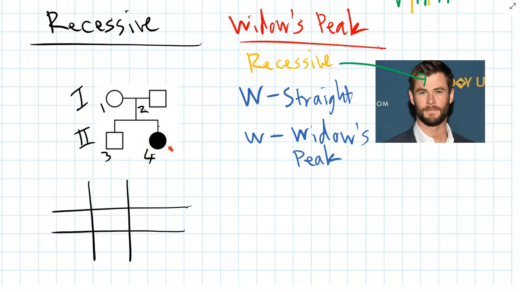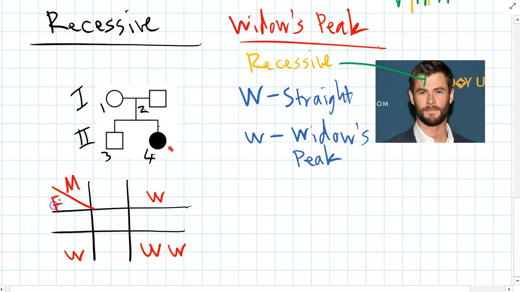If the daughter does have a widow's peak, that means she must be small w, which means both of the parents must have given her a small w. But they have a straight hairline themselves. So let's make this the mother and the father again.